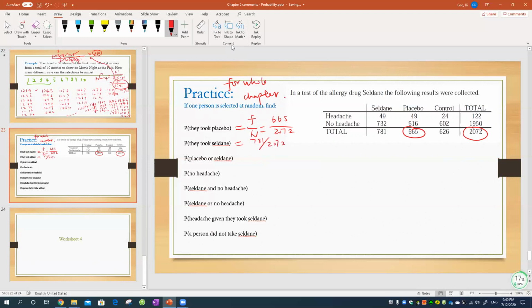And placebo or Seldane, so we have an or problem. Based on the addition rule, that is the probability of placebo plus the probability of Seldane minus the probability of placebo and Seldane.